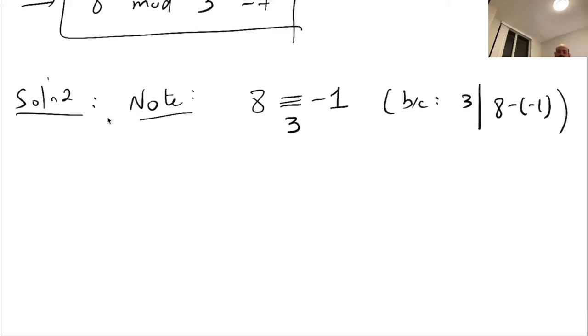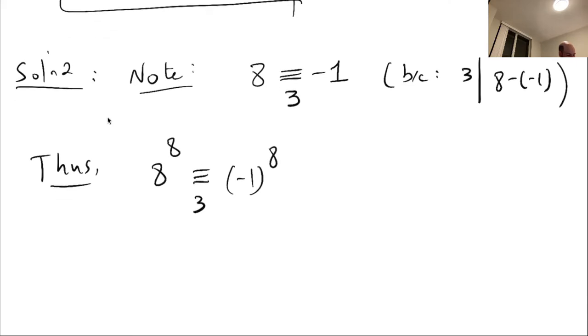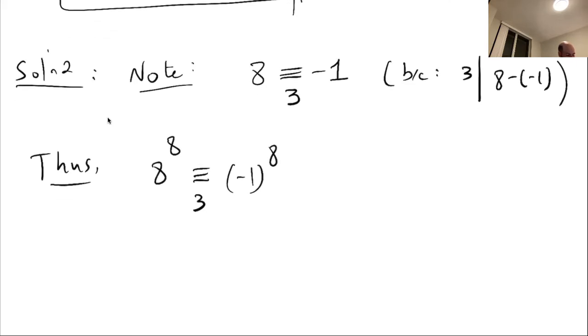Why? Because in the next step, I want to raise both sides to some power, and finding -1 to any power is extremely easy to compute. So if I raise to power 8, 8 to power 8 is congruent to -1 to power 8, and -1 to an even power is 1.